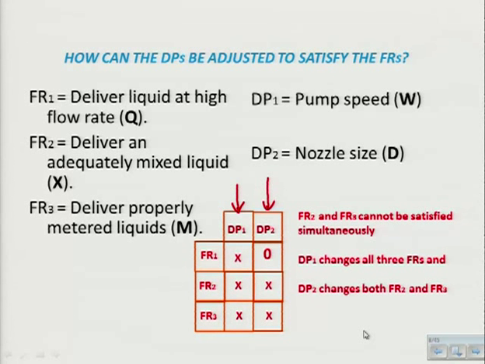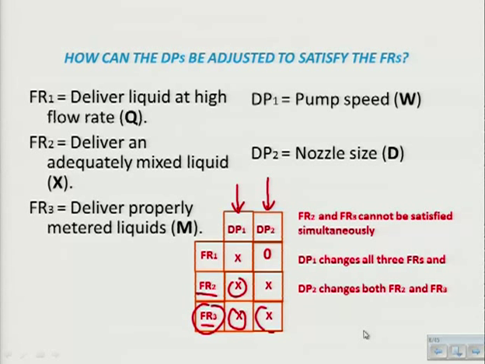So, here it is written up. While FR1 can be satisfied by DP1, we change DP1 and that's going to influence FR2 and FR3. I've only got one other DP, so I can either get FR2 where I want it or FR3 where I want it, and in general I can't do both of them, because once I change DP2 to get FR2 where I want it, FR3 may be out of tolerance.